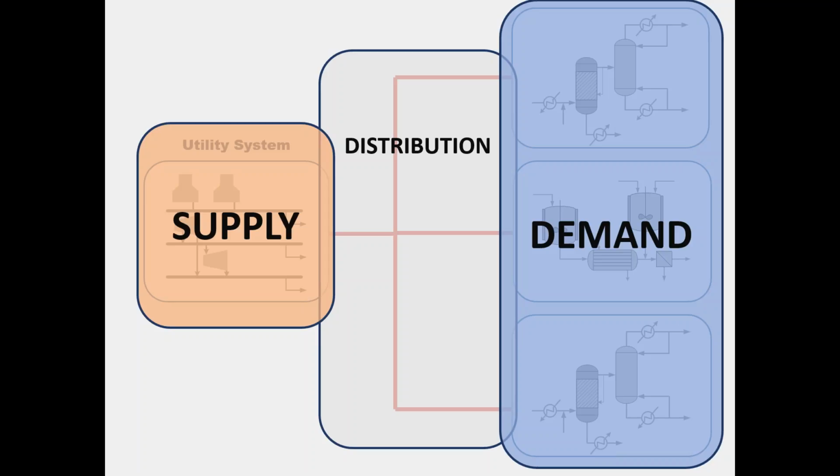But really, it's important to first start with the demand side and then have the supply side match the demand in the most efficient manner. And the distribution becomes important as well, especially when we're talking about steam systems and things like that.